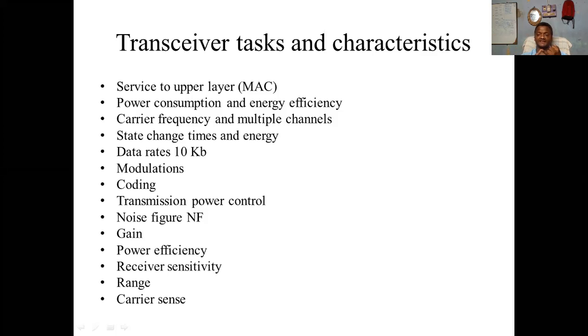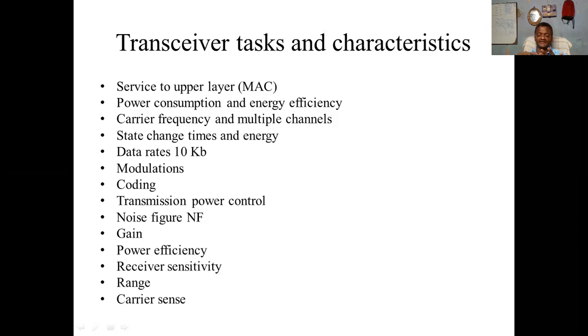Number one, characteristics of the antenna. Number two, interference. Number three, power loss, and modulation, carrier frequency, the error rate, and everything should be considered.